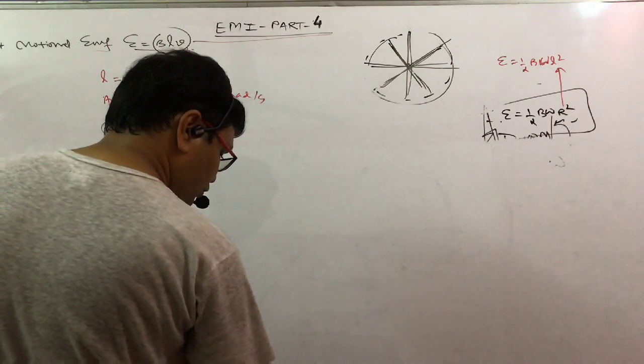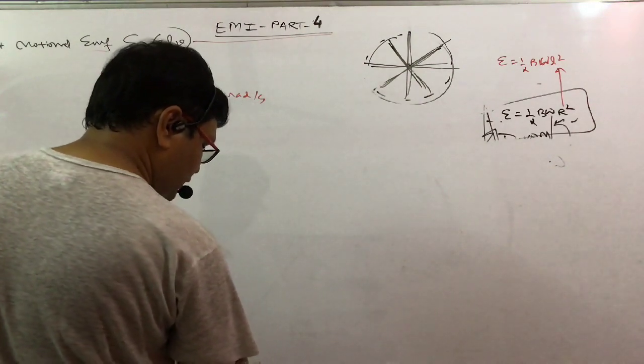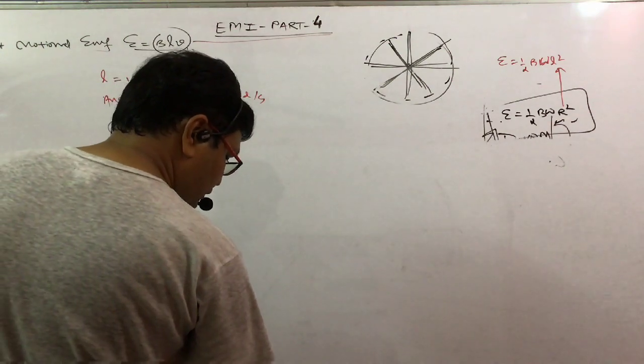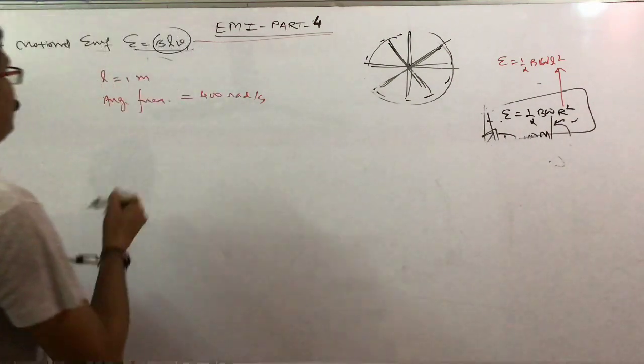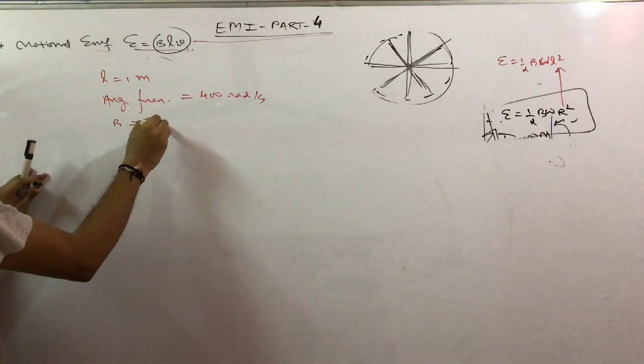The other end of the rod is in contact with a circular metallic ring. A constant and uniform magnetic field of 0.5 Tesla is applied perpendicular to it.